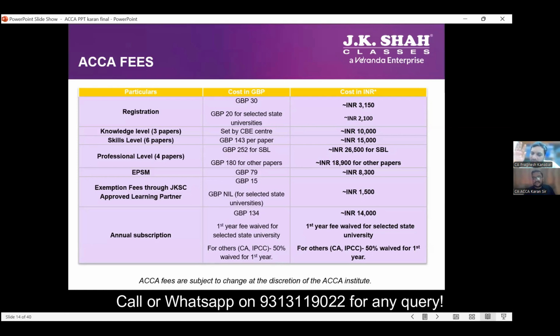In big MNCs and Big Fours, what we have observed, because I'm also in touch with recruiters, is that no matter how much you are performing, at the end of the day there is also what you are showing on paper. If you are a CA with ACCA or CFA, it always adds to your profile and helps you in getting promotions at some level. Correct me if I'm wrong, sir. 100%, this is what I've seen in the MNC part.